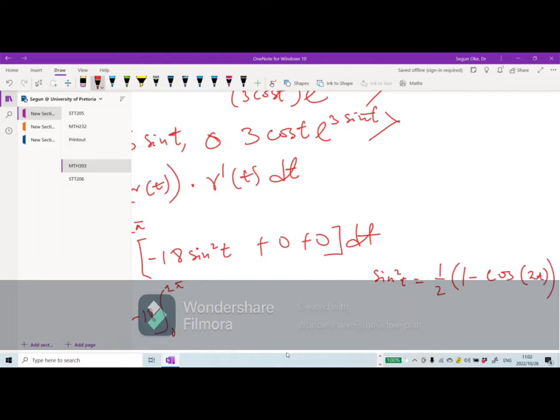So I will replace sine squared t with this. So we will have 1 all over 2 in brackets, 1 minus cos 2t, dt.